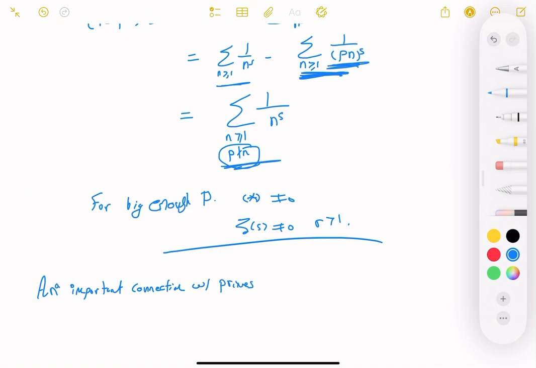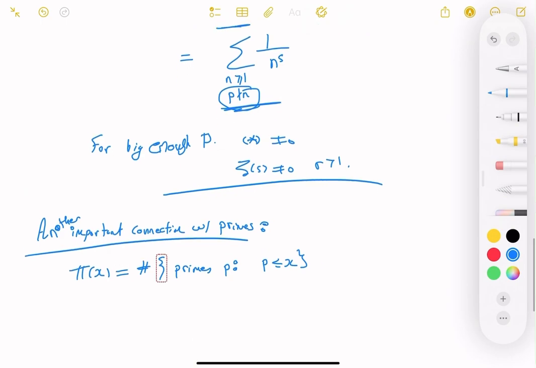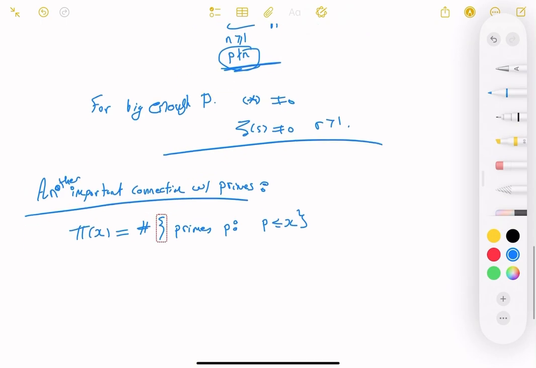As an important consequence of this Euler product representation, let's introduce this function pi of x, which is the number of primes p such that p is less than or equal to x. So this is what pi of x is. And the point here is that we can relate a function of zeta to this pi.